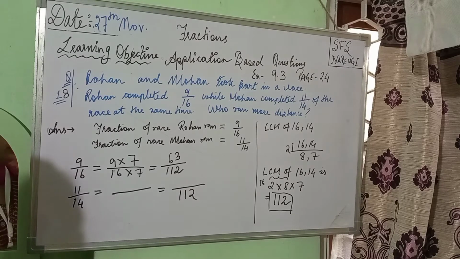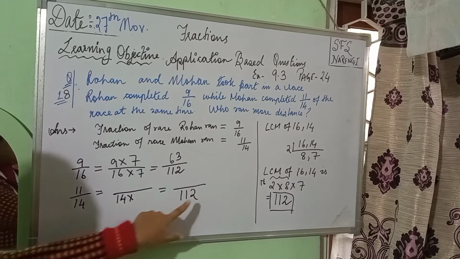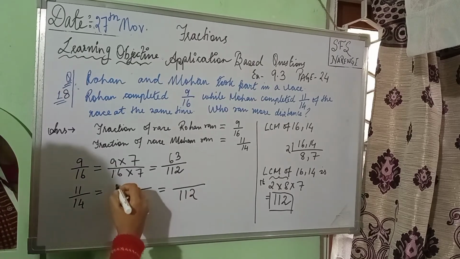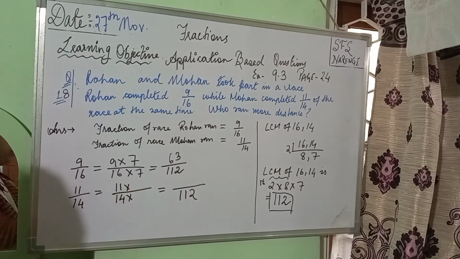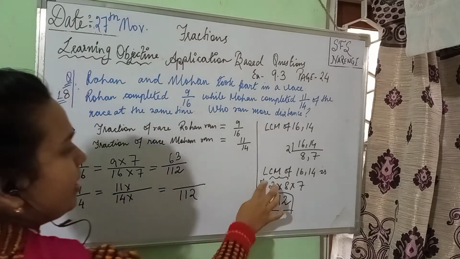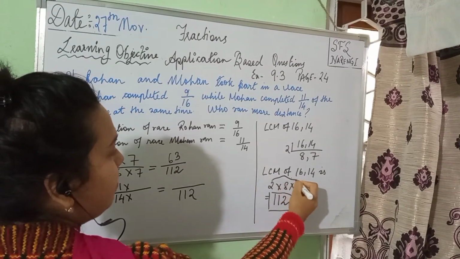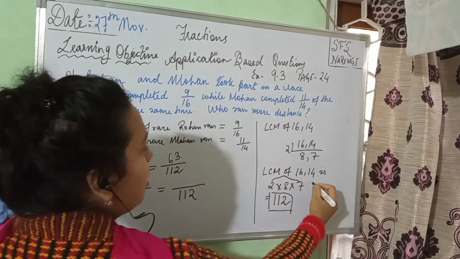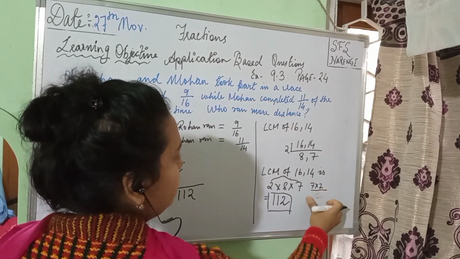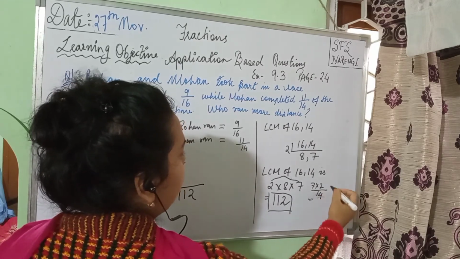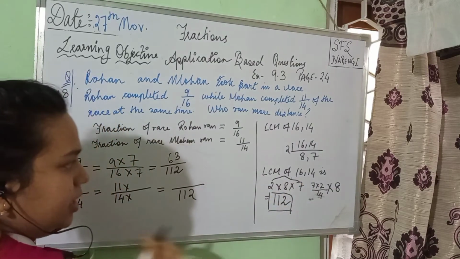Similarly children, you have to multiply 14 with such a number that the denominator is 112, and the same number you have to multiply the numerator with. If I go back to my prime factorization, I can see 7 multiplied by 2 is 14.